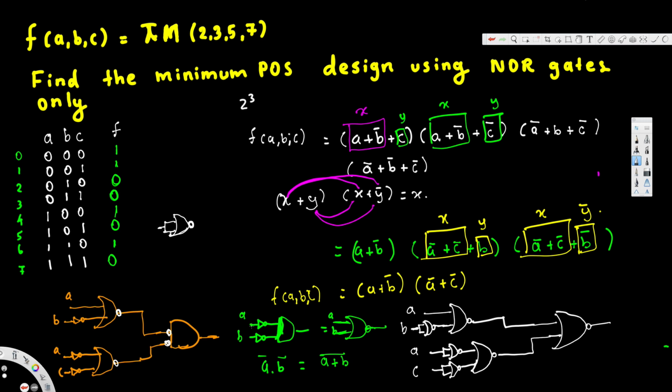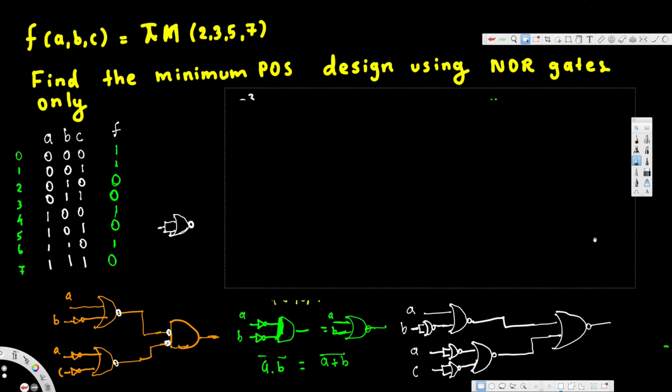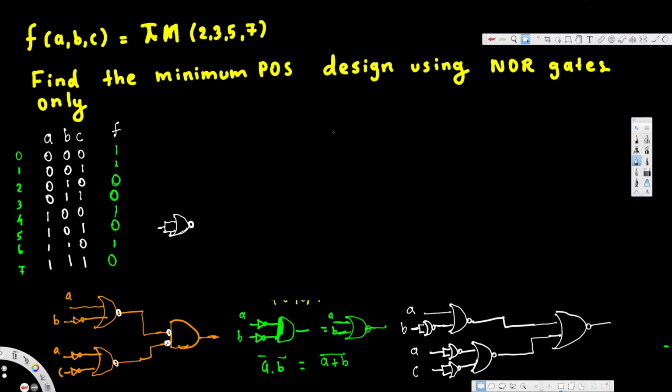I mentioned De Morgan's theorem equation right here. Let's look at the other one. There's another De Morgan's theorem equation that says A dot B, whole bar, is equal to A bar plus B bar, and the circuit will look like this.